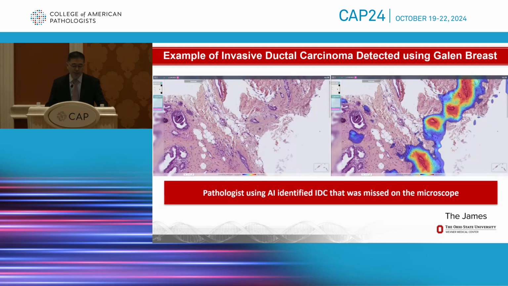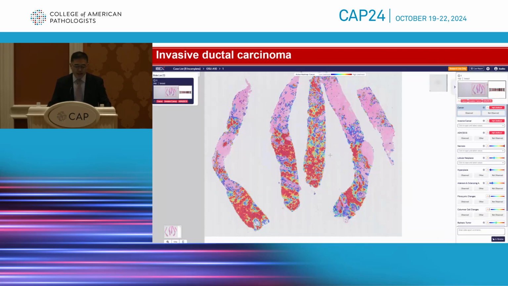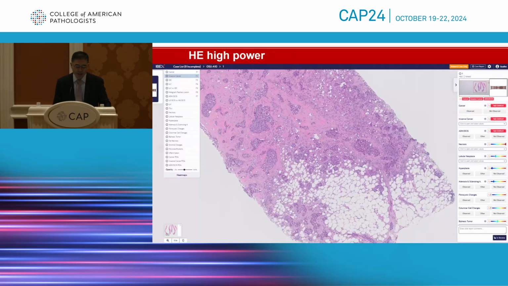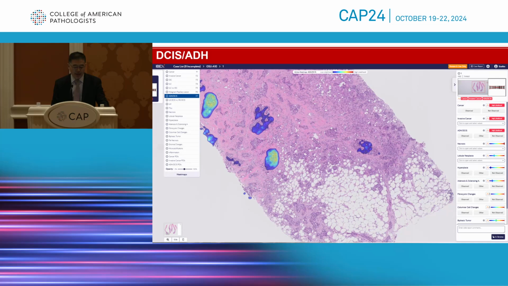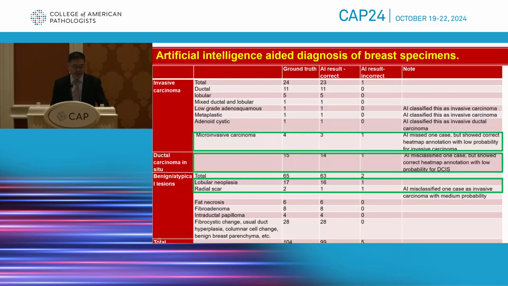Here is an example of a very small, I don't know how small it is, it could be a microinvasive carcinoma here, missed by the pathologist using a microscope, but identified by the AI algorithm as a highlight here in red in this annotated image. This algorithm can help you identify invasive ductal carcinoma, highlighted in red, and also DCIS in blue.